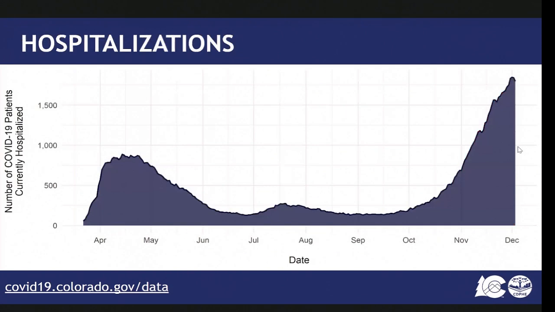This next figure shows you hospitalization trends in the state. Unlike the case data and the percent positivity, where we've seen the numbers bouncing around quite a bit, we've continued to see a steady increase in the number of individuals currently hospitalized in the state. We saw a little bit of a dip in new hospital admissions, but overall, the number of individuals currently hospitalized for COVID-19 in the state continues to steadily grow.